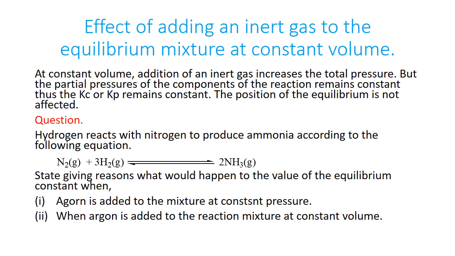So at constant volume, with addition of inert gas, there is no change in the position and direction of the equilibrium. Dear listeners, you can go ahead and try out this question and explain what takes place when argon is added to the mixture at constant pressure and when argon is added to the mixture at constant volume.